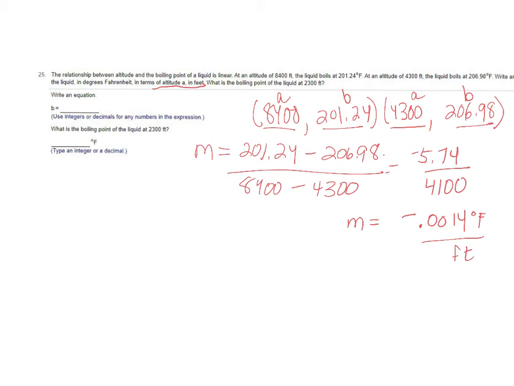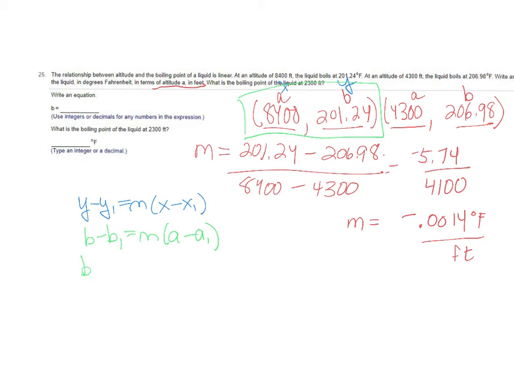And we're going to need to find the y-intercept for this also. So normally our equation would be y minus y1 equals m times x minus x1. But in this particular problem, they have us using a and b for our variables. So this would be b minus b1 equals m times a minus a1. So substituting in, I'm going to use this ordered pair for my x1, y1.